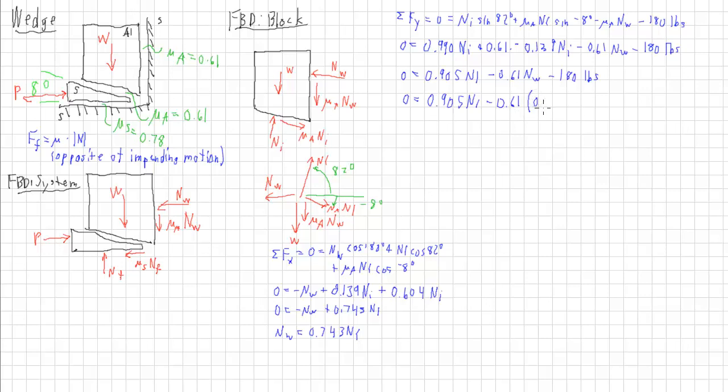I'll just show you that. Minus 180 pounds. So now you see that we've got one unknown. Just Ni here and Ni here. We just need to multiply things out, combine terms, simplify everything, and we're almost home for that.